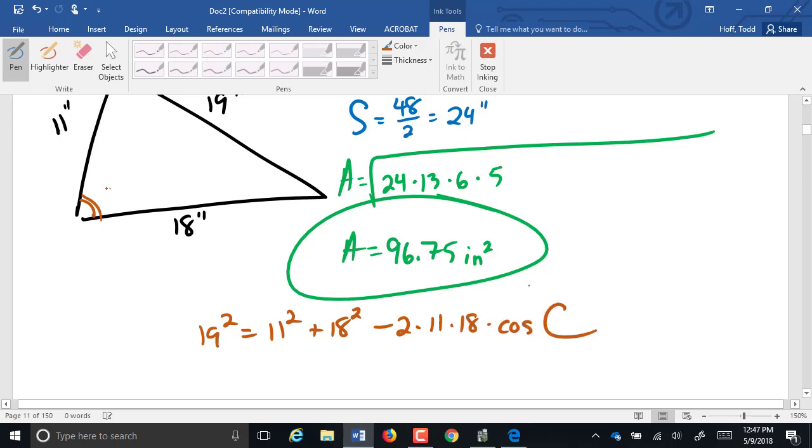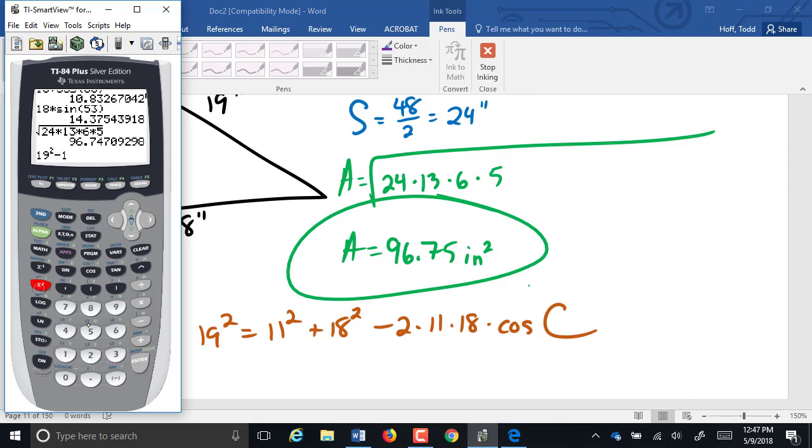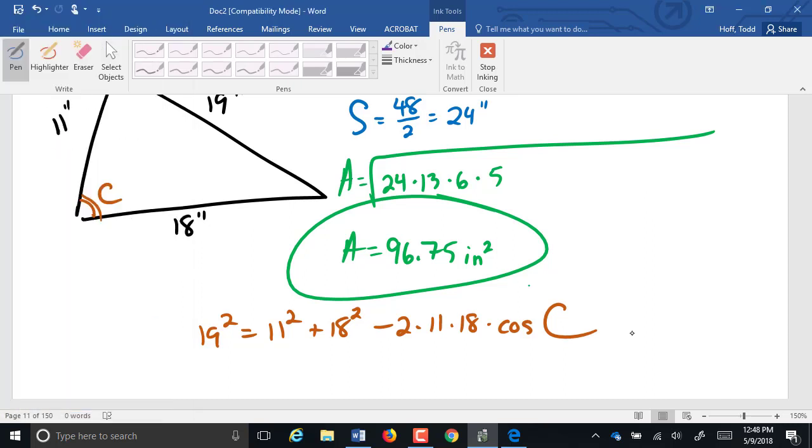I'll call that angle C. And I could solve for C. I get the cosine of C is 0.212121. So my inverse cosine is that C is 77.75 degrees.